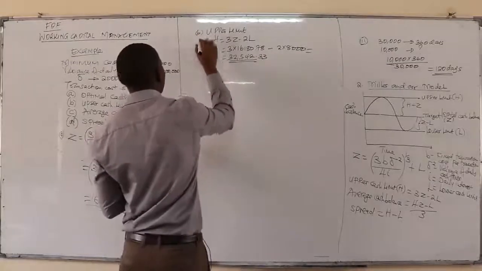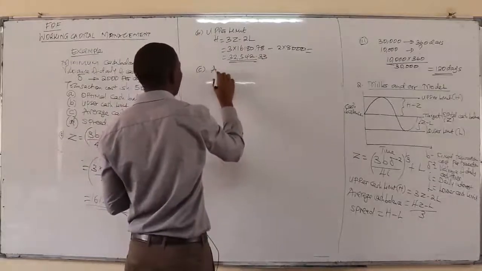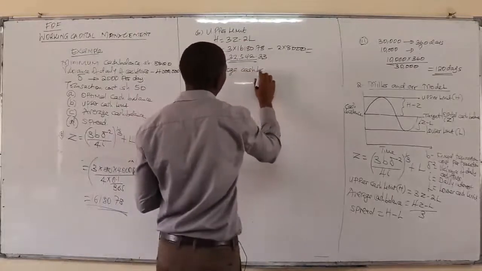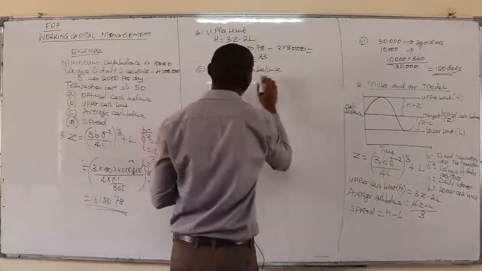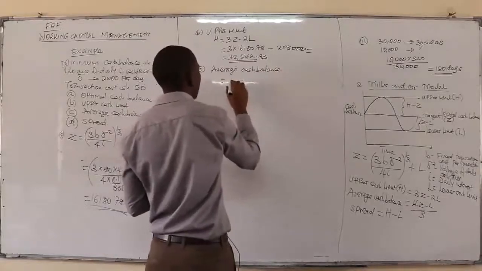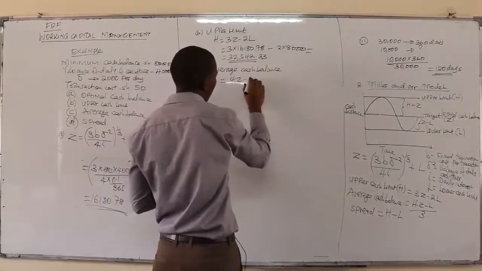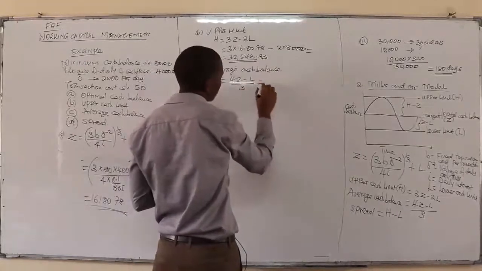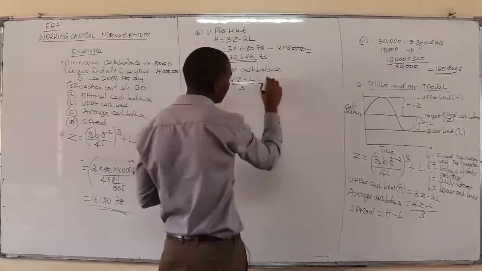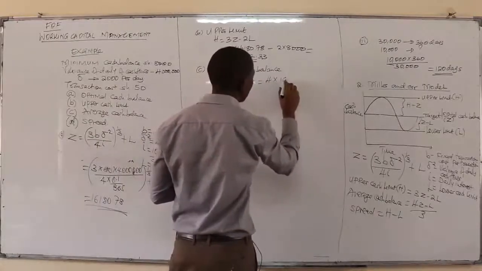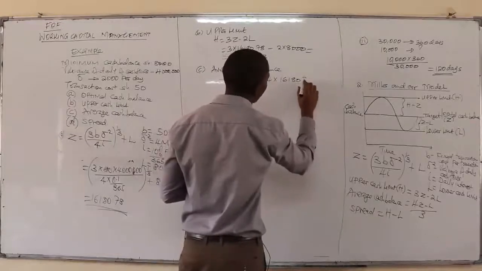Then you also require the average cash balance. The average cash balance is given by (4Z minus L) divided by 3. Z in this case is 16,180.78.